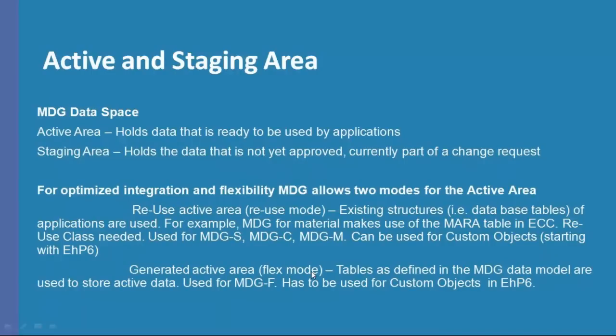Okay, so if I go by this statement, the statement says the existing structures, that is the database tables of the application, are used. For example, MDG for material makes use of the MARA table in ECC.